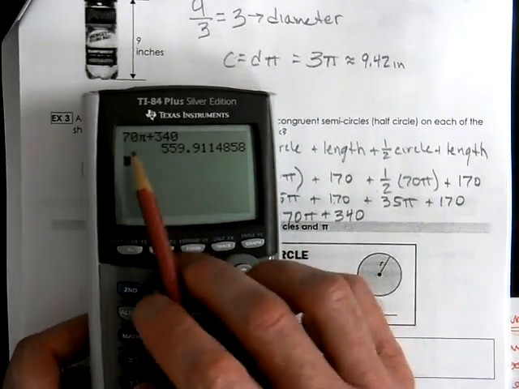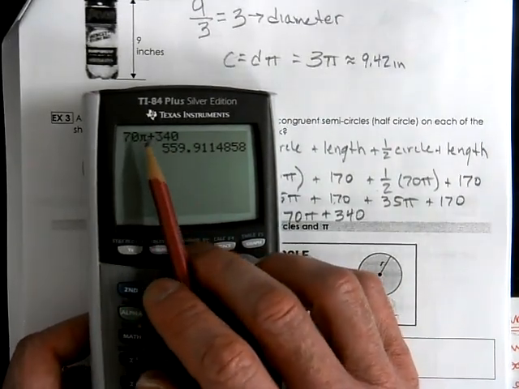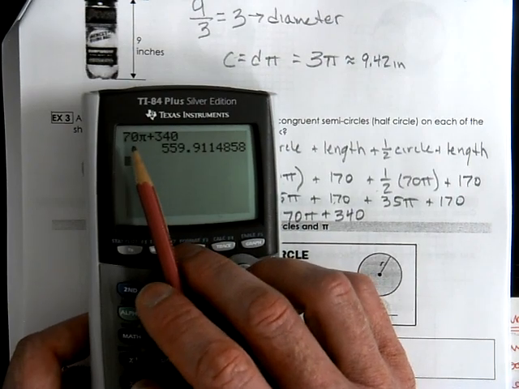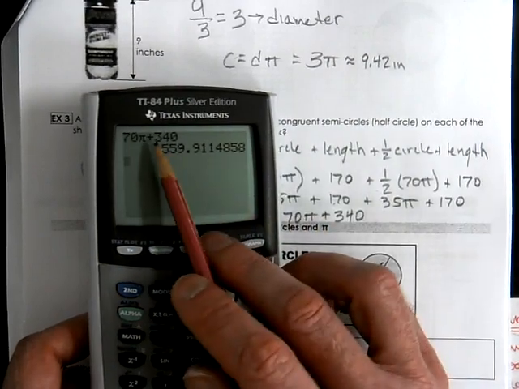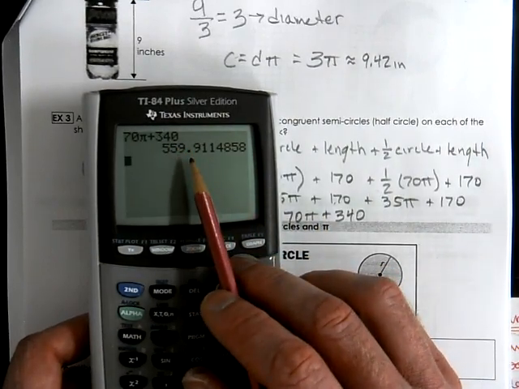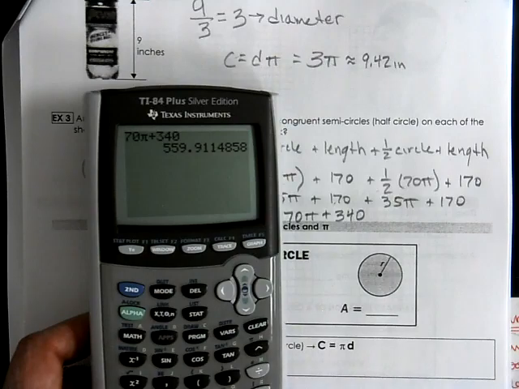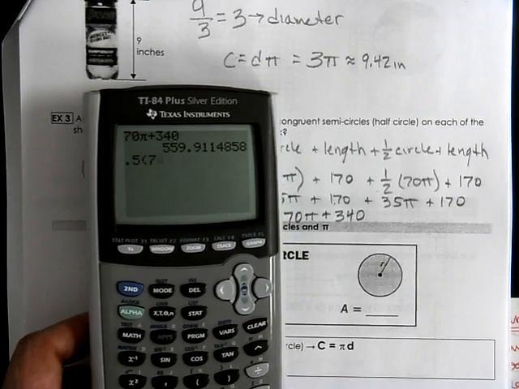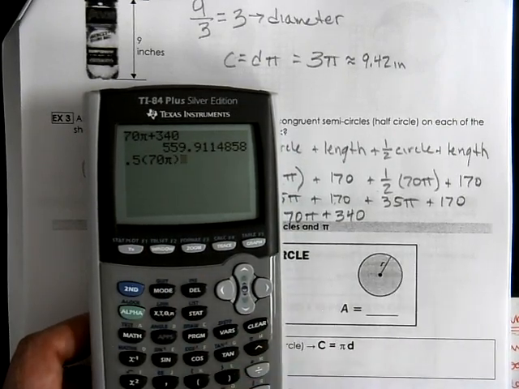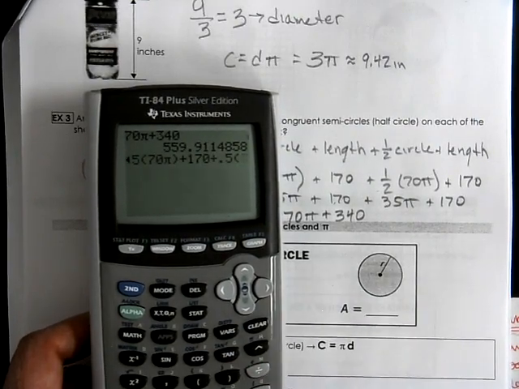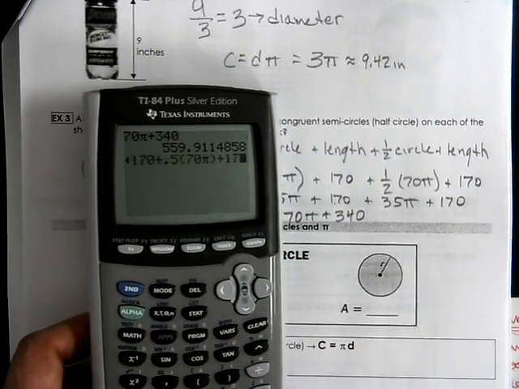We wouldn't need to use parentheses because we're not doing any additional dividing or parts to it. We want 70 times pi, 70 pi, plus our 340. That should be the same thing as taking half of 70 pi plus our 170 plus the other half of 70 pi plus the additional 170.